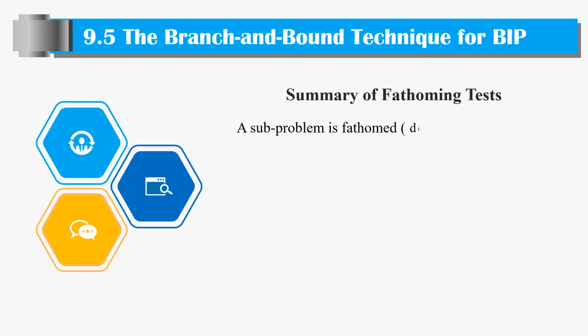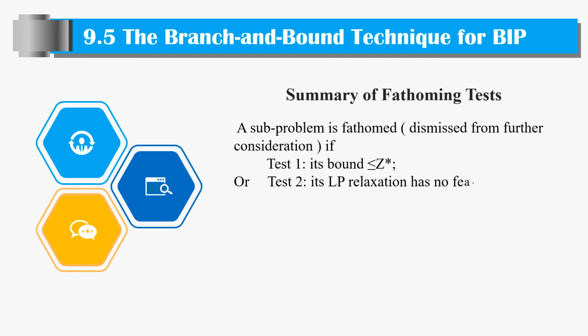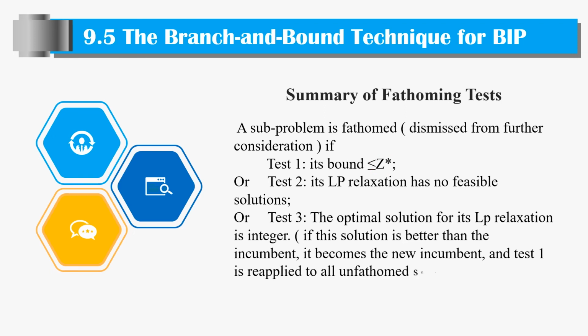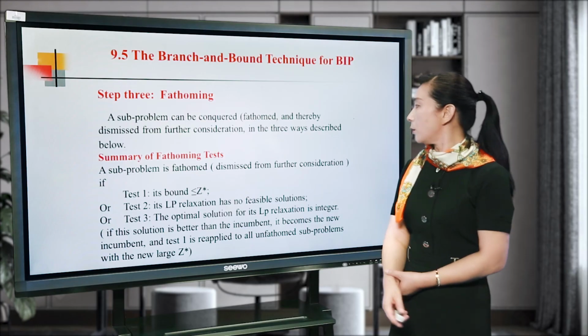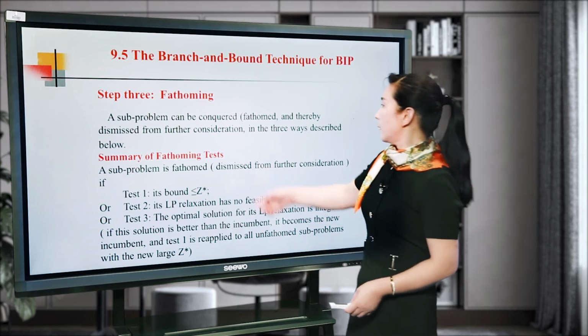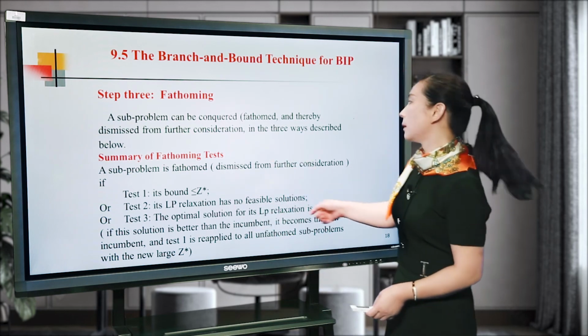A subproblem is fathomed if test 1 or case 1: its bound is less than or equal to Jc, where Jc is the current objective function value. Or test 2, its LP relaxation has no feasible solution. Or test 3, the optimum solution for its LP relaxation is integer. So in these three cases, we can fathom or discard the branch.